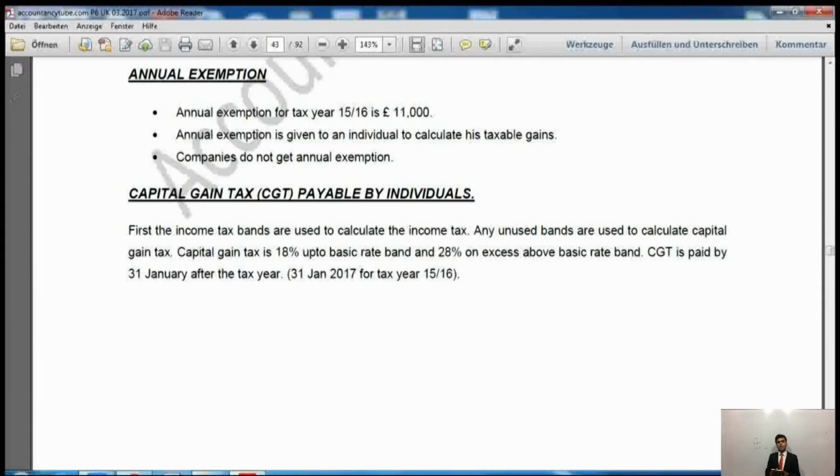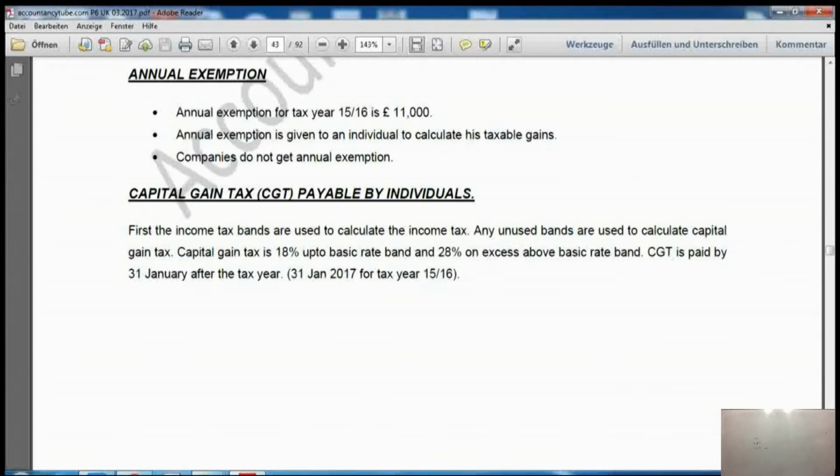What you get is called annual exemption amount. So, annual exemption in capital gains tax is £11,000 for tax year 15-16, which is our current tax year. Annual exemption is given to individuals to calculate taxable gains. Companies do not get annual exempt amount, as I said to you earlier.